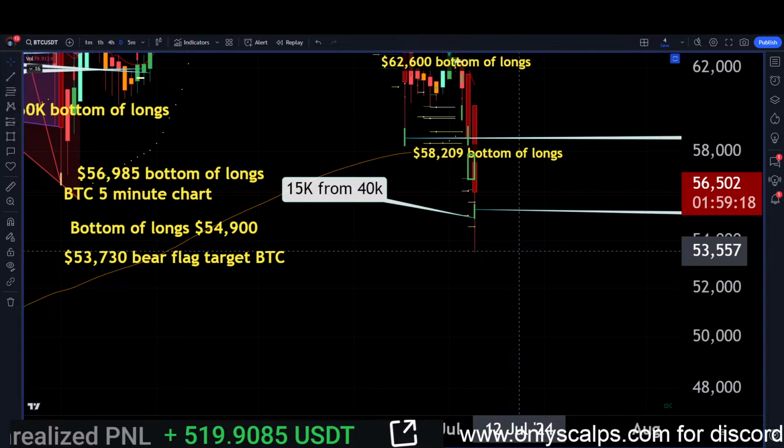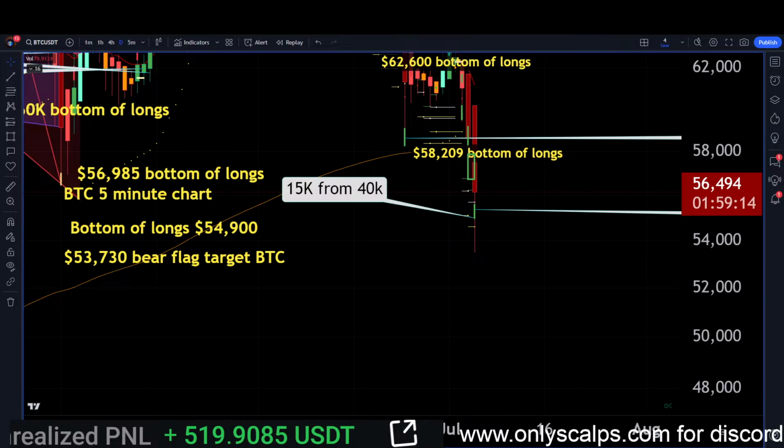So it went down even $150 lower than that bottom expectation. So we missed it by about 100. It went down $150 extra, which is good. So people were able to take profits on their shorts at around 53,700, and that's why we got that big bounce.